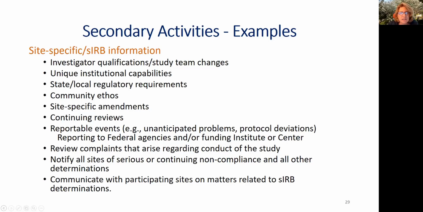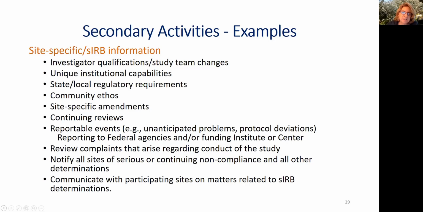There's separate continuing reviews for each site, separate review of reportable events, which are all the problems that arise, either adverse events, unanticipated problems, protocol deviations. We may have to make separate and individual reports to federal agencies or the funding institute.